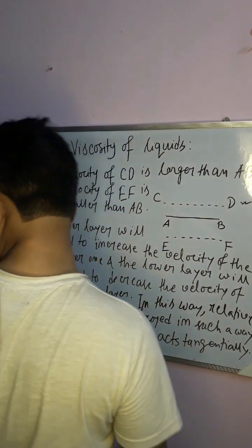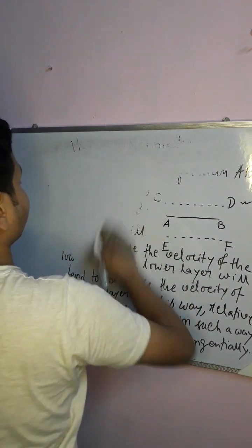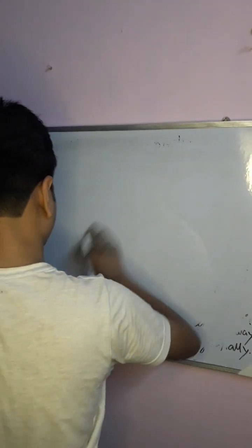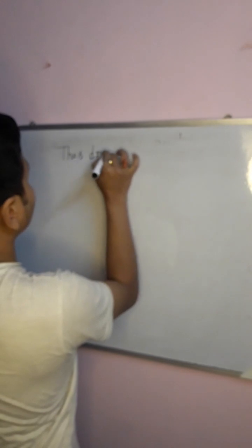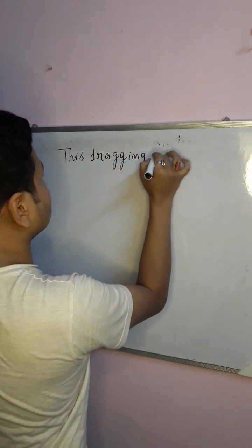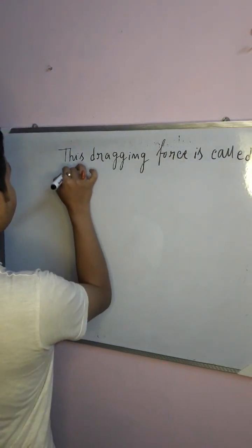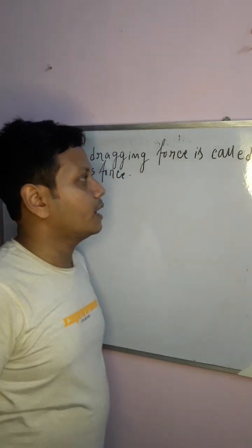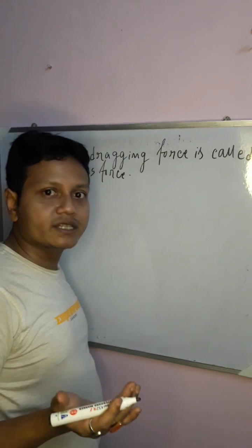This dragging force is called viscous force. And viscosity is the property by which a liquid opposes the relative motion among its different layers.